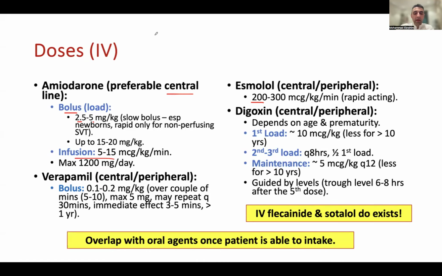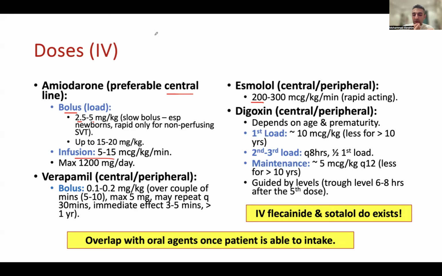Okay. Once you give an IV drug, in my practice, I usually do IV, like we said, if there is frequent SVT not terminating with adenosine or not staying in sinus after adenosine.